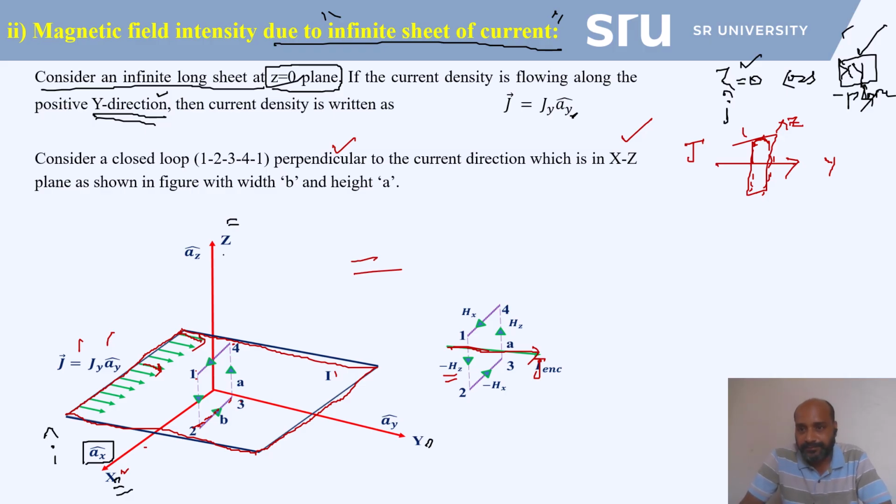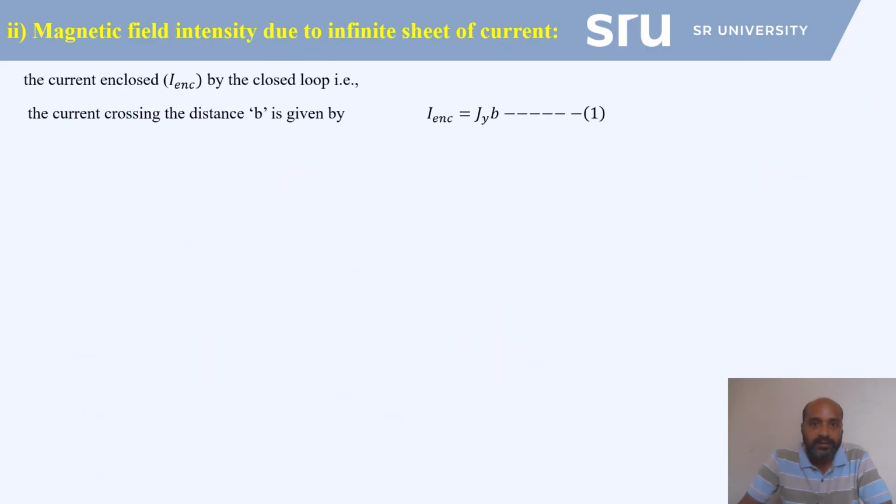Now we'll see. The current enclosed by the loop is equal to what? Sorry, the current crossing the distance b is given by I enclosed equals j times b. We'll try to explain that.